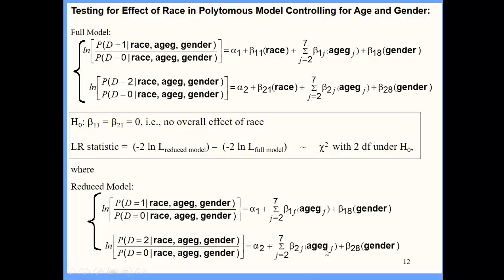Your reduced model, what variable is missing from the reduced model? Race. Why is it missing? Because that's what you're testing. Under the null hypothesis, the race variable drops out of the model. So you're comparing this model with this model. This is the reduced model. There's no race effect. You still have these variables in here that you're controlling for.